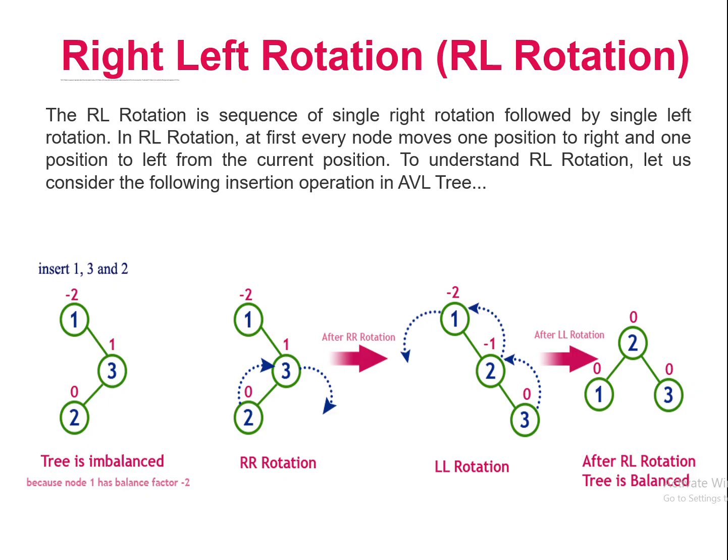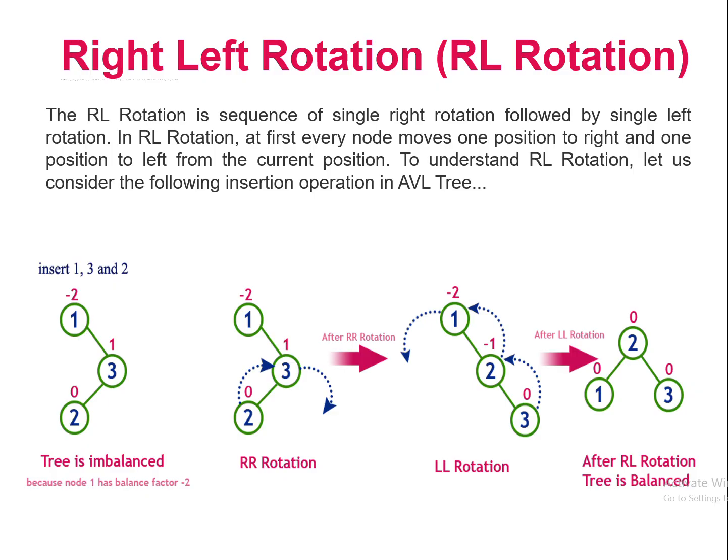First, let us insert 1. After 1 is inserted, check the balance factor. The balance factor is always 0 because it doesn't have left and right children. So the balance factor of that tree is 0.